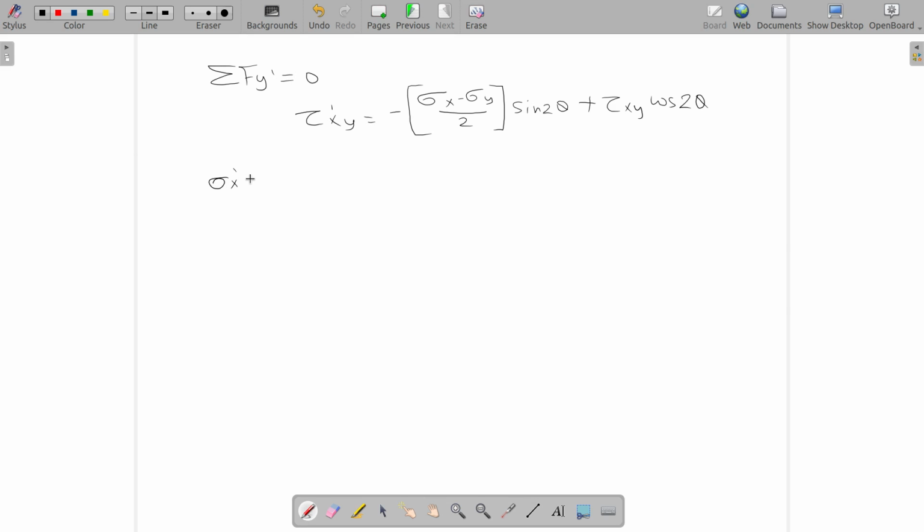Sigma x dash is equal to sigma x plus sigma y by 2 plus sigma x minus sigma y by 2 cos 2 theta plus tau xy sin 2 theta.